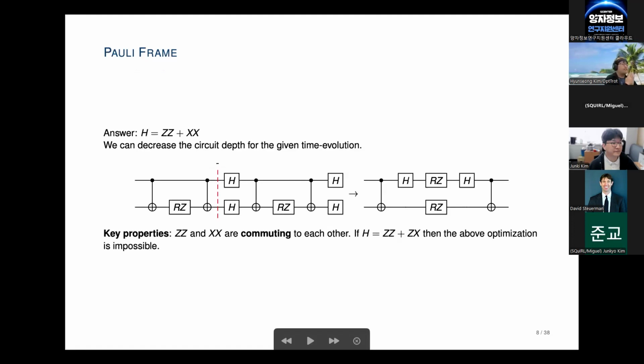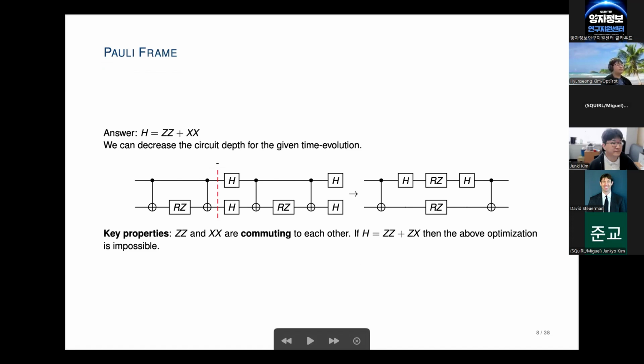The design process is generating these kinds of circuits from the given Hamiltonian. We can reduce the left circuit to the right circuit. The reason we can use this optimization is that these two Pauli elements commute with each other, so we can apply the rotations in parallel on the quantum circuit.